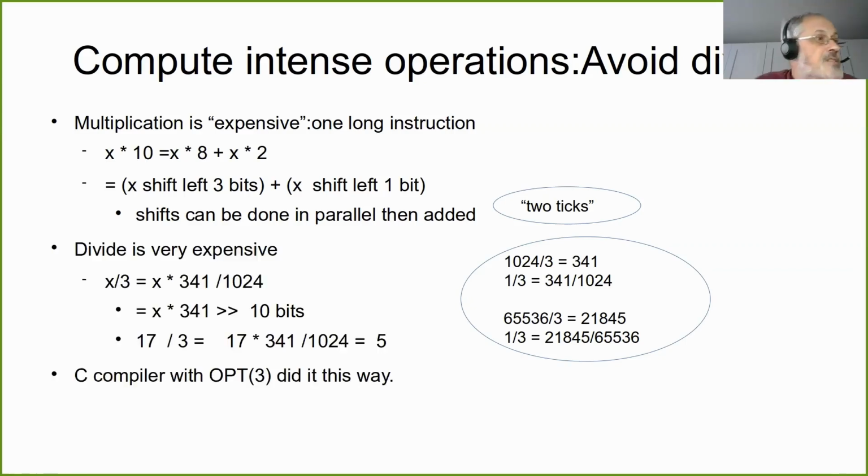Divide is very expensive. For lots of the processing, for example where you're doing some of the AI stuff and you're doing millions of calculations, they can actually get away without doing any divide. So if you look at the value, 1024 over 3 is 341. If you multiply by 341 and divide by 1024, this is the same as multiplying by 341 and shifting it down 10 bits.